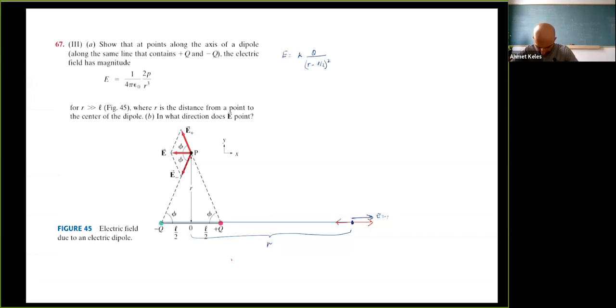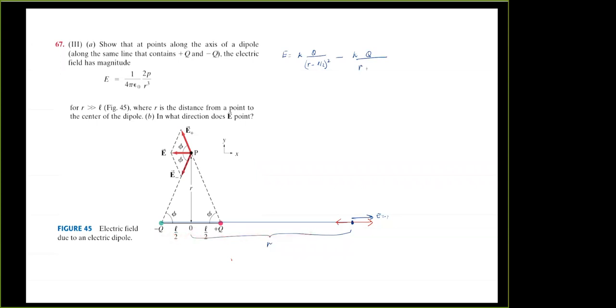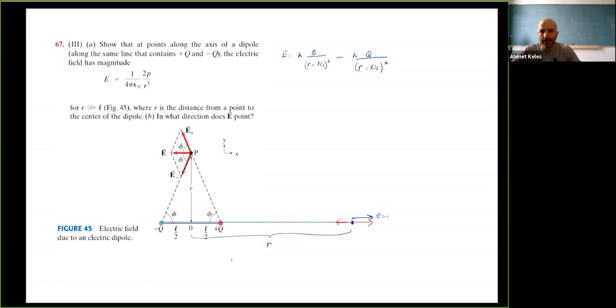This is the first one. Then minus KQ, the contribution coming from this one, divided by R plus L over 2 squared. Now I take K times Q out.